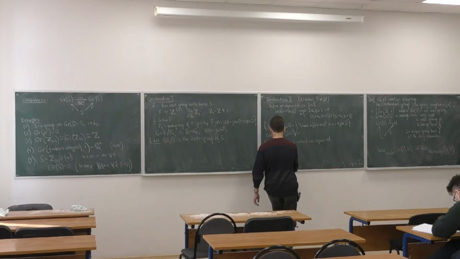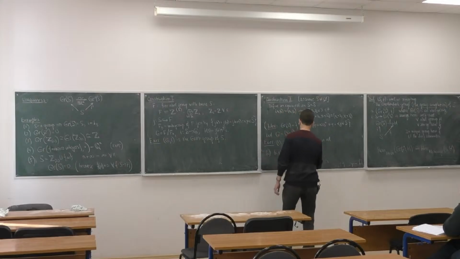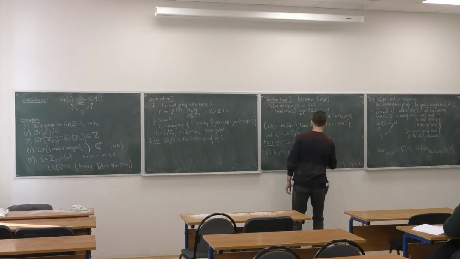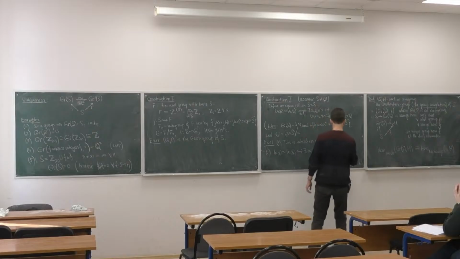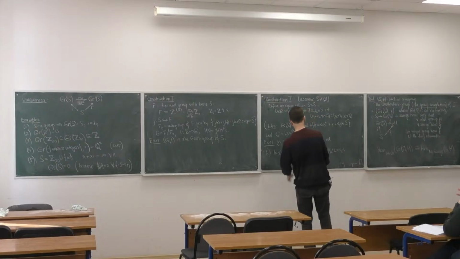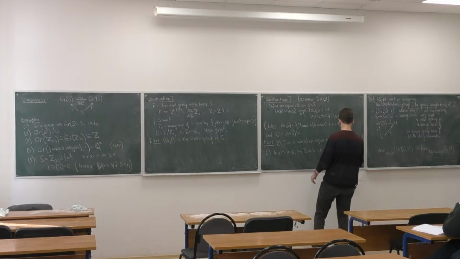Namely, two pairs (x1, y1) and (x2, y2) are equivalent if and only if there is an element z in S such that x1 plus y2 plus z is equal to x2 plus y1 plus z.